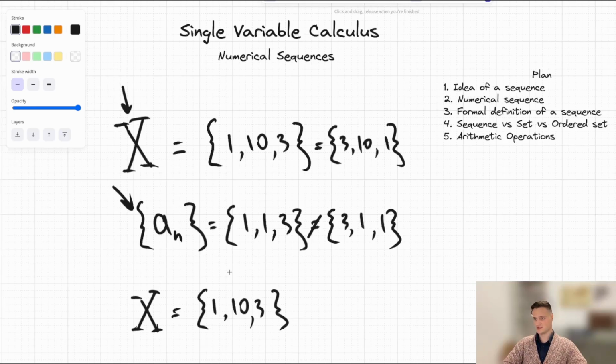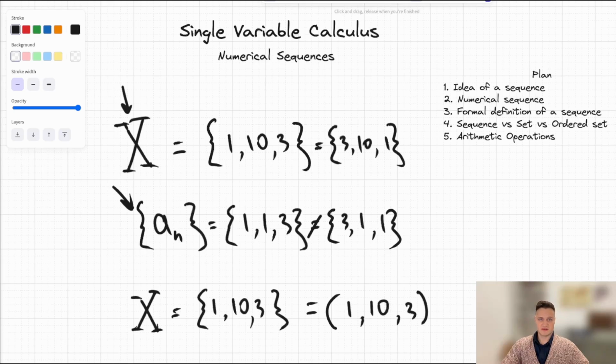But still, this is not equal to a sequence, because a sequence may contain duplicates, ordered sets may not. Sometimes ordered sets, by the way, are defined using not curly brackets, but parentheses, so this may be written as this construction. So ordered structure is essential, but duplicates are not allowed.